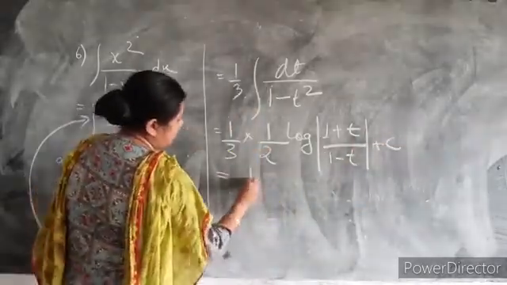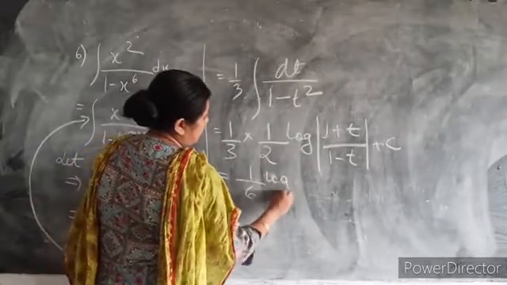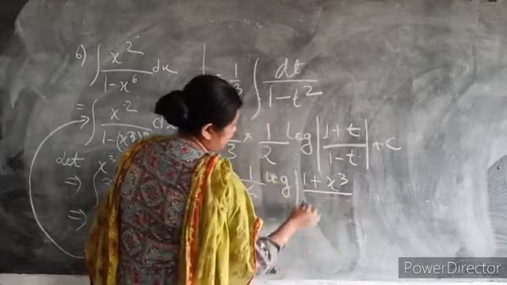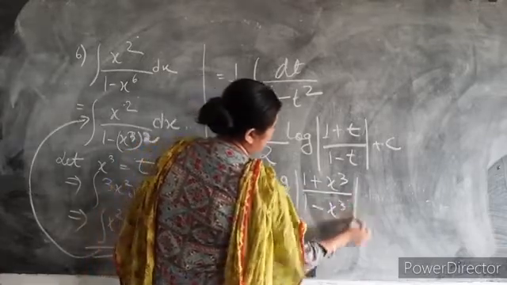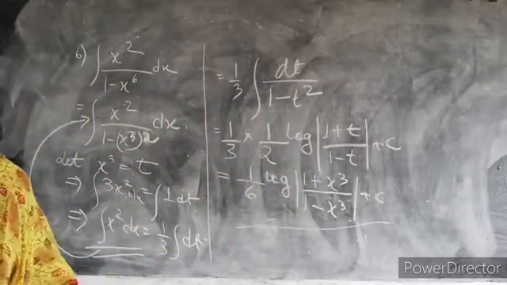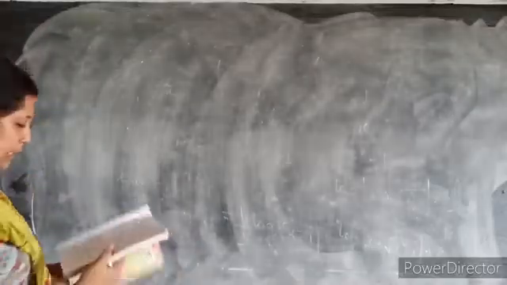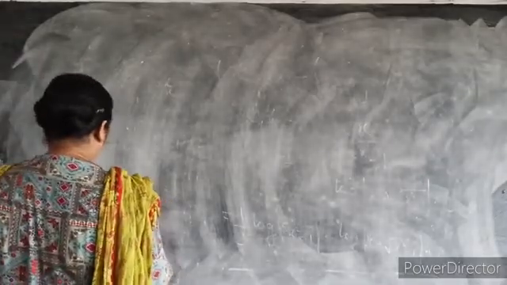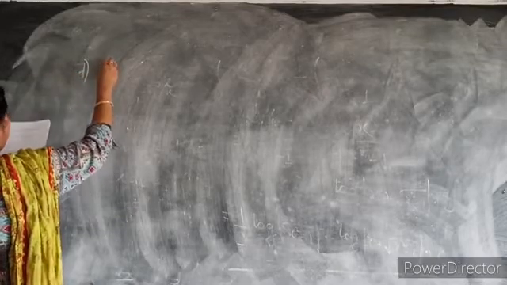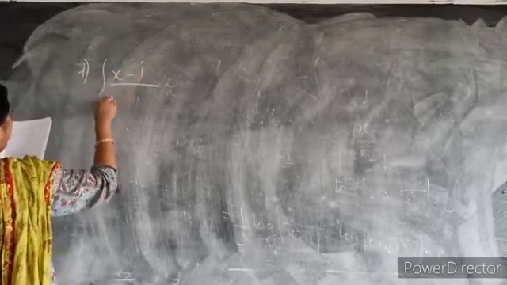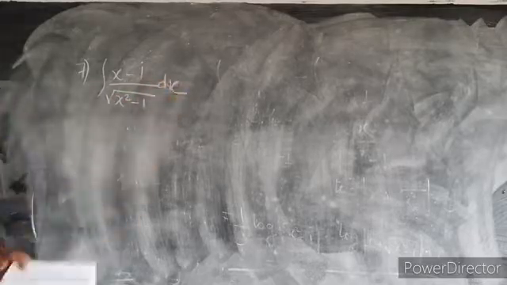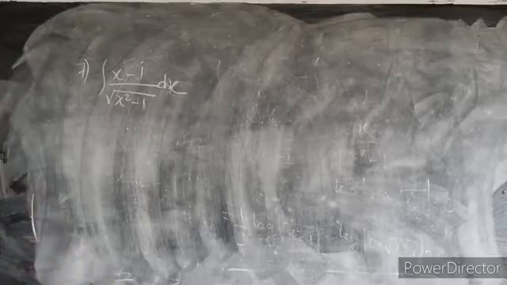So finally the answer will be 1 by 6 log of 1 plus x cube upon 1 minus x cube plus c. This is the solution of our question number 6. Let us proceed to the next question, number 7: integration x minus 1 upon root over x square minus 1 dx. This is the question.